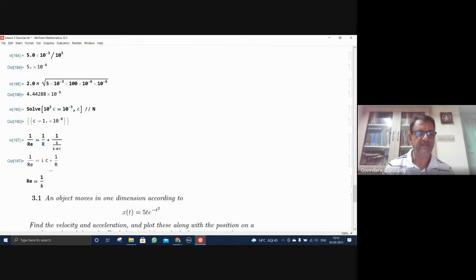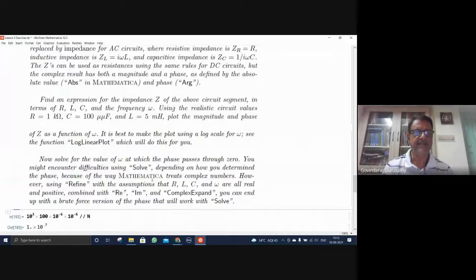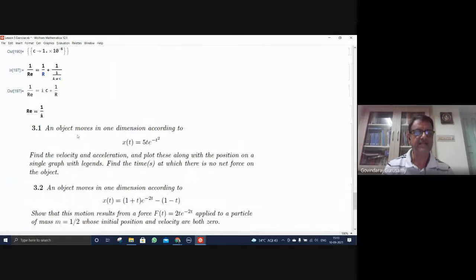Which means somewhere I have defined omega already. Omega is already defined somewhere, because 197 inputs and outputs are already there. Somewhere I may have defined it and forgotten. So that's why it's taken as that number I have used. That number happens to be 1 and it's not appearing here.